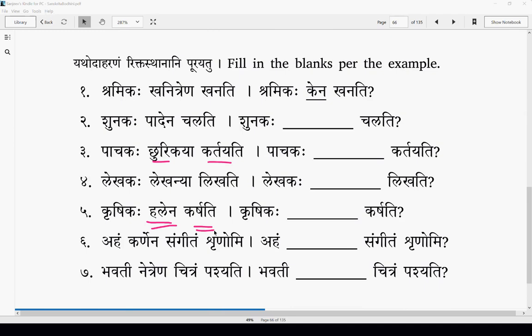Karshati is plows his field. And the instrument used to plow is a plow, which looks like this, at least in India. Here it is all automated.